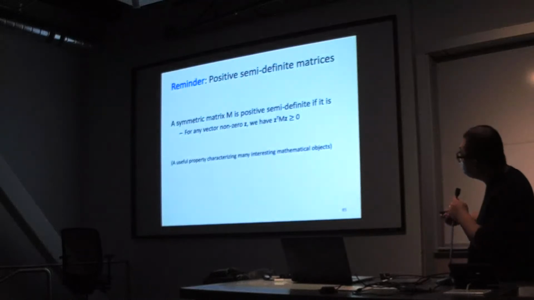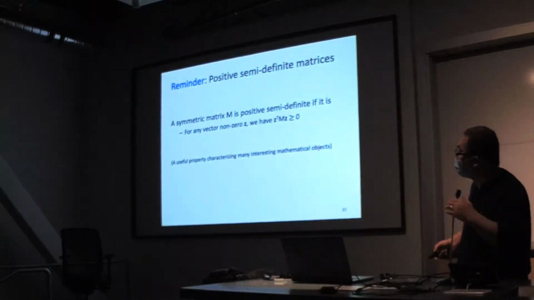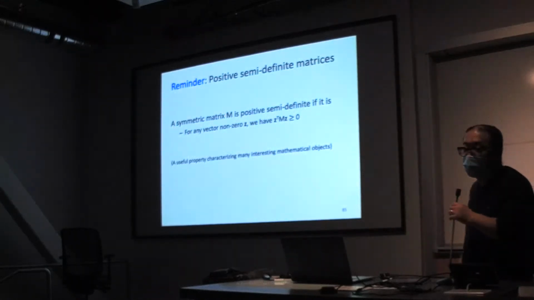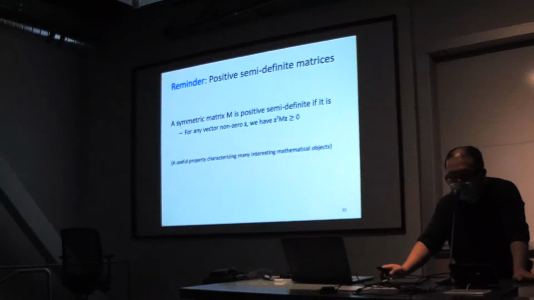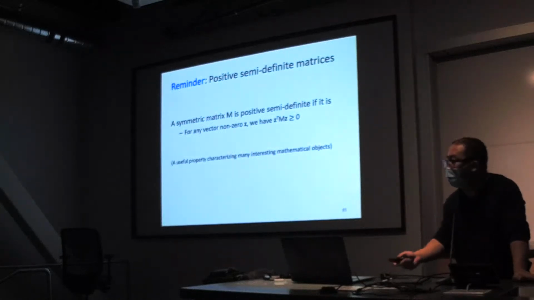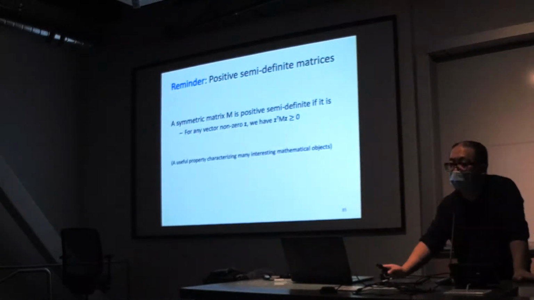If M satisfies this inequality for any non-zero vector z, then we claim that M is positive semi-definite. This is a very fundamental property, used everywhere. It has many nice properties, like all the eigenvalues of M must be non-negative. Otherwise, it won't satisfy this for every z.